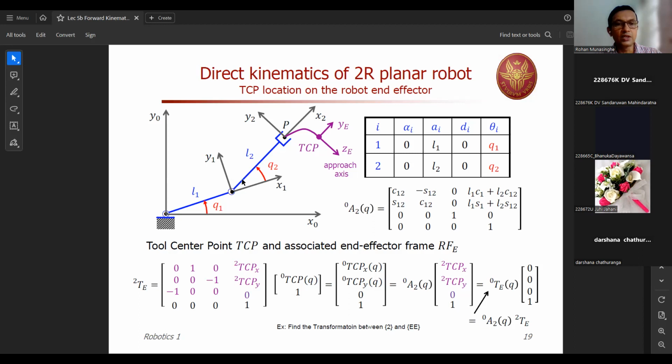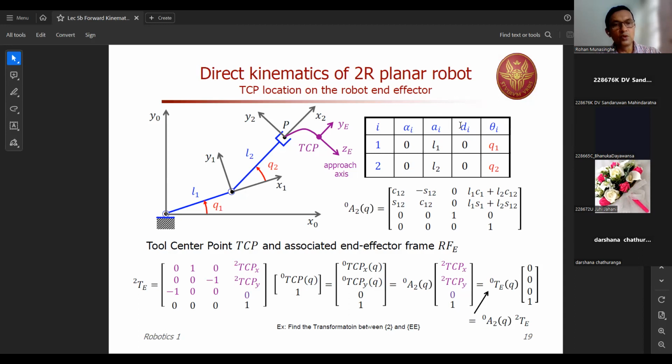This coordinate frame, x1, y1, with respect to x0, y0, the motion along z0. You can see z0 is out of the board. And if x1 has come out of the board or goes into the board by a certain distance along z0, directly out of the board, that is d1 over here. This column, D column, is that displacement.